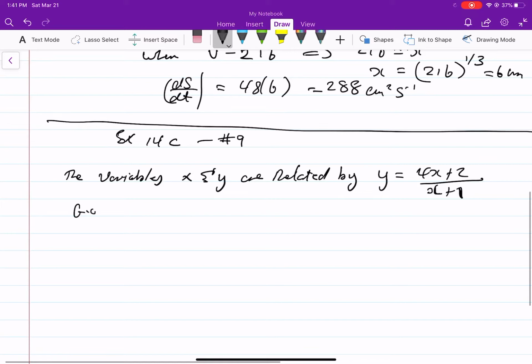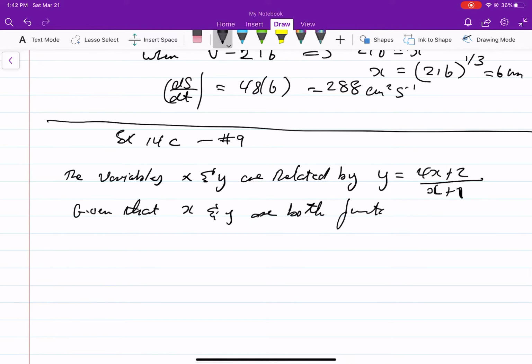Given that x and y are both functions of t, and that dy/dt is 0.3, find the corresponding rate of change of x.